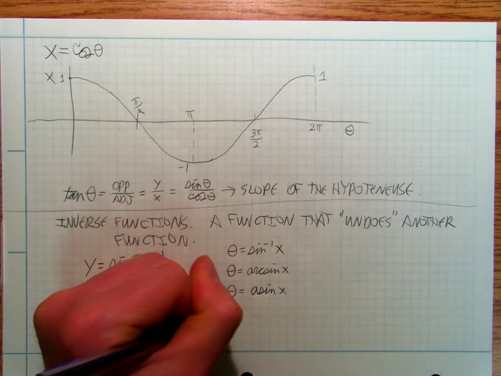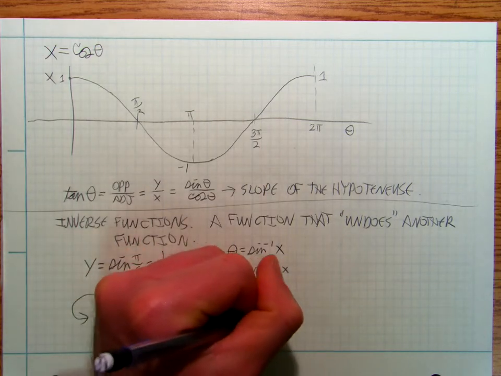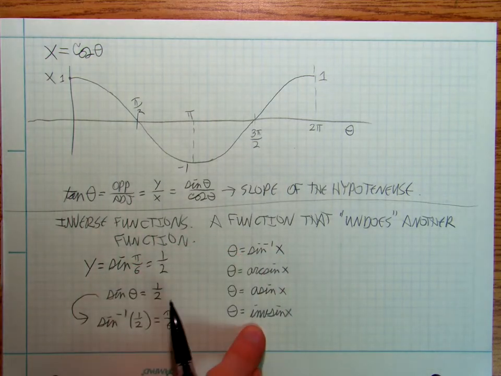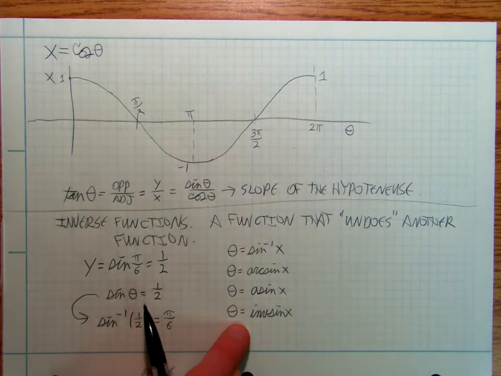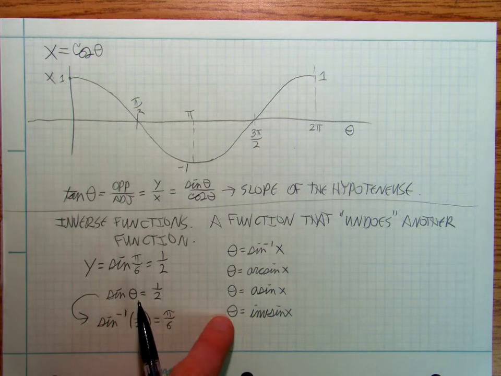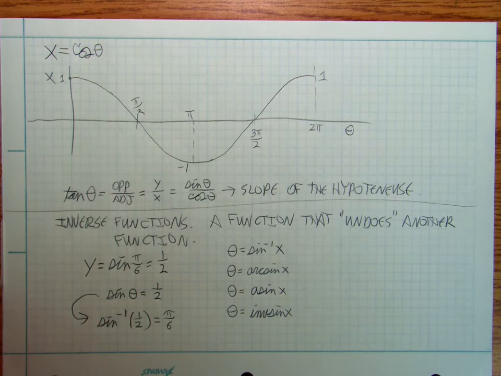And maybe if you really stick with it, you're going to see theta equals inv sine of x. This is going to be the least common one. Somebody tried to develop it because they were unhappy with the other notations. I'm not happy with any of these notations, so you just got to get used to it.